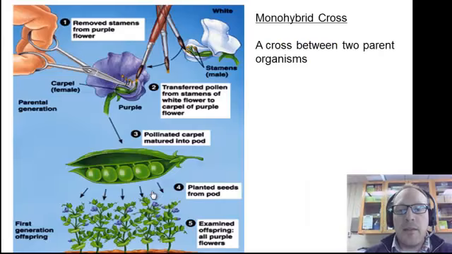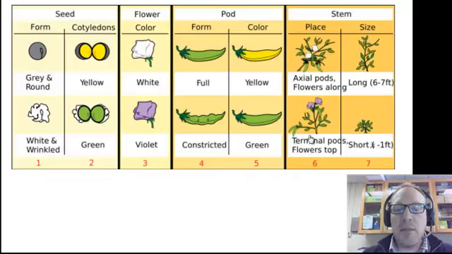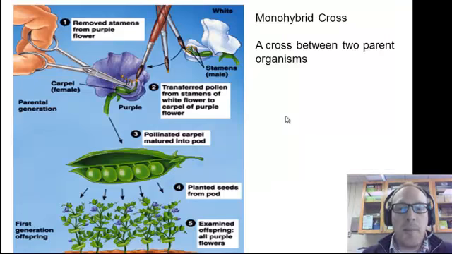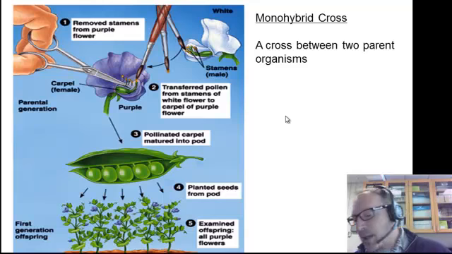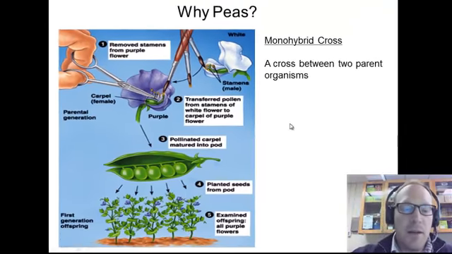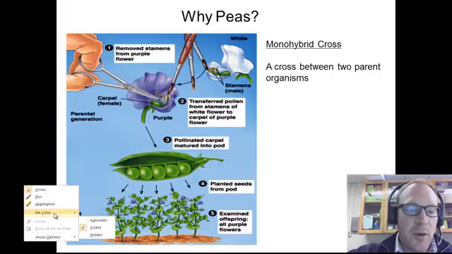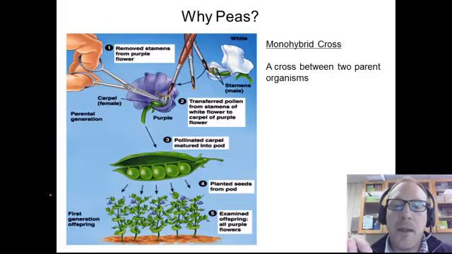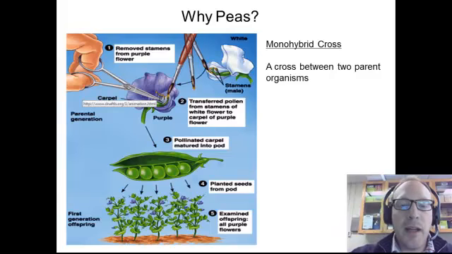So what Mendel did in some of his experiments was control the pollination of plants. He took it upon himself to control those fertilizations by removing, and you can see the scissors right here, the male structures.